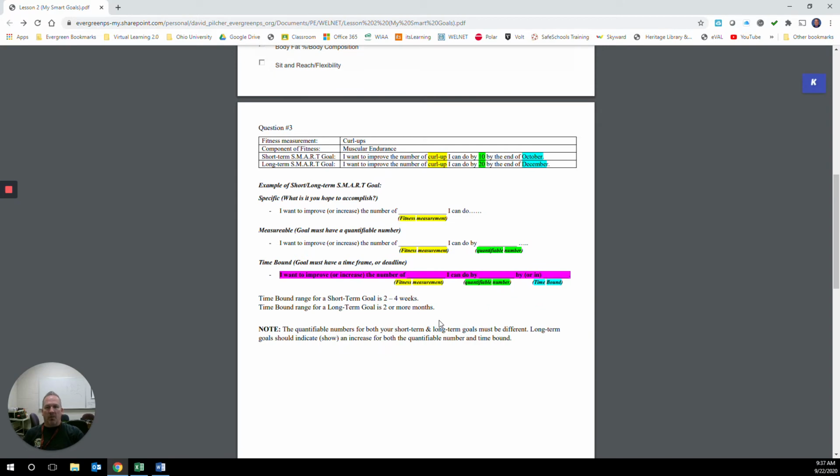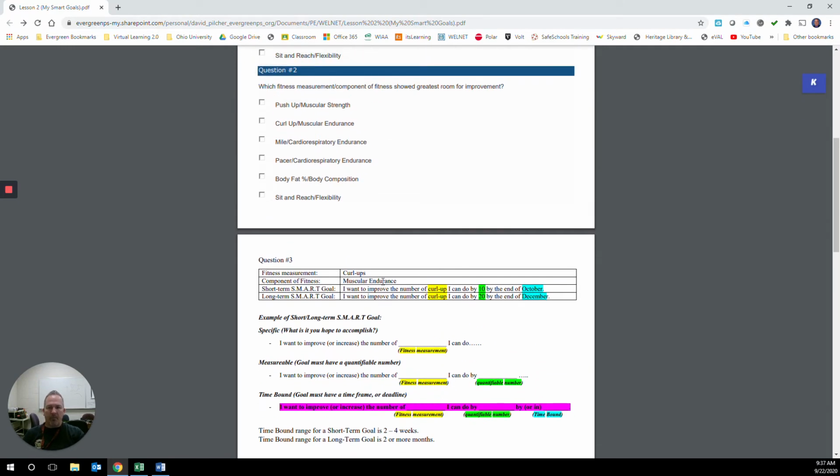So now let's go down to question number 3. Question number 3 will be based off of what you answered in question number 2. For example, in question number 2, if I selected curl-ups as the one that needs the most improvement, then my question number 3, as I show the example, should be based off of curl-ups.